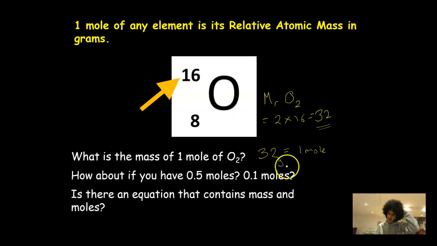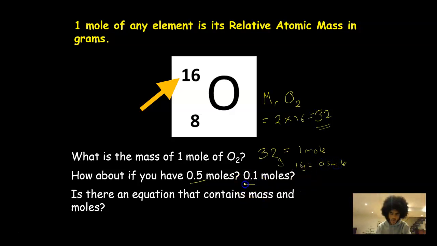Now, if I was asked about 0.5 moles, which is half of 1, well, if I have 0.5 moles, it would be half of 32, so that would be 16 grams, which would equal 0.5 mole.